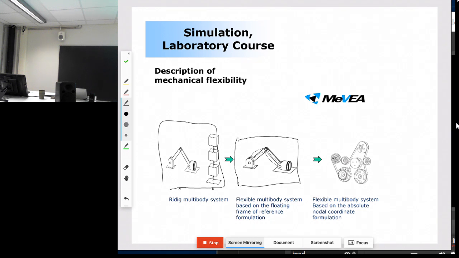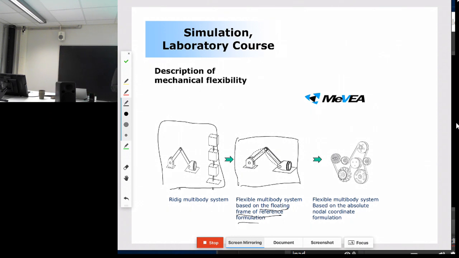I will explain why the name floating frame, what it can do, and what it cannot do. But the trend in multi-body dynamics is not to just stay here, because the floating frame reference formulation, as shown here, has a limitation. The limitation is that it is limited to small deformation.